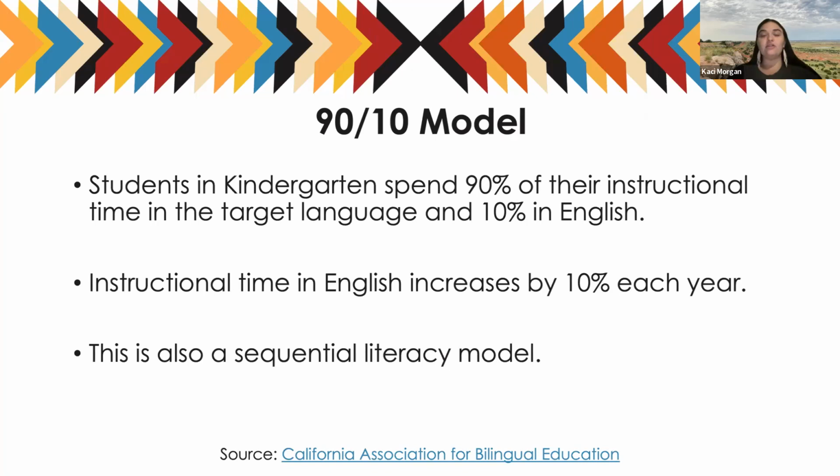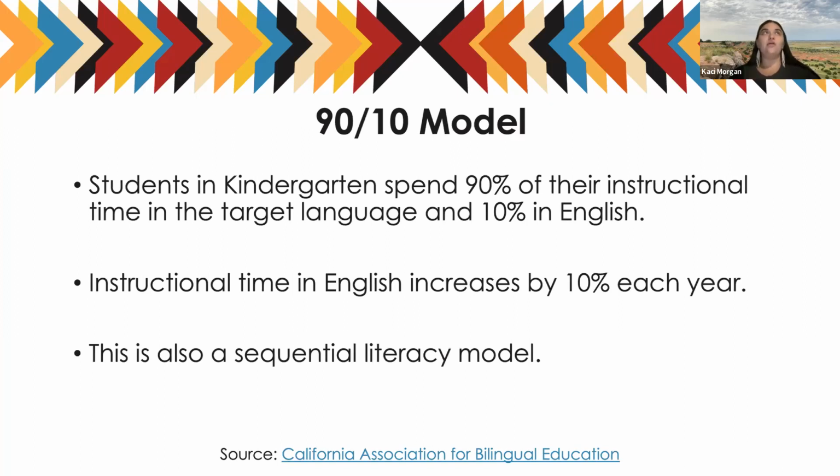Another example of a partial immersion breakdown is this 90-10 model. In this type of breakdown, students in kindergarten spend 90% of their instructional time in the target or immersion language and 10% in English. So it starts out as nearly full, but not quite. Then instructional time in English increases by 10% each year.